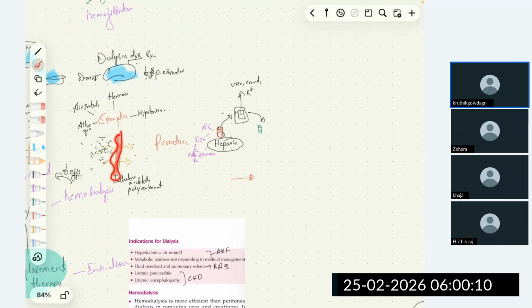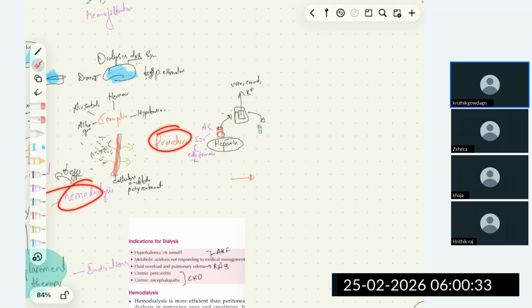All the solutes which have higher concentration will move from higher concentration to lower concentration. Thereby urea, creatinine, potassium, and hydrogen are removed from the blood. Afterwards, we reinfuse the blood into the patient's body. This is the procedure of hemodialysis.